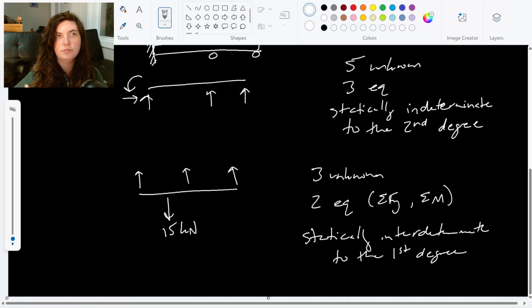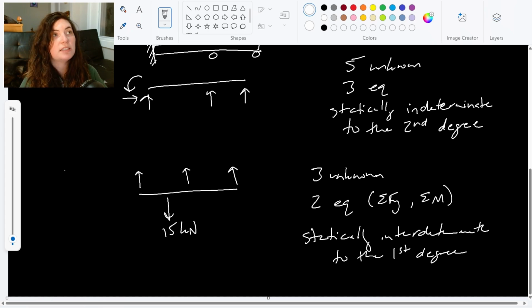This level of degree is what you'll see most in what we're starting to work with in these first few problems that we're going to look at. We're going to be dealing with statically indeterminate to the first degree type of problems. So you might see something that looks like this, where you don't actually have 3 equations you can use, you only have 2, and you still have to come up with that other equation.